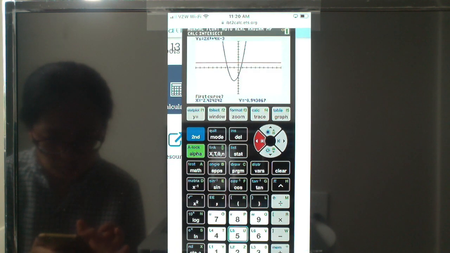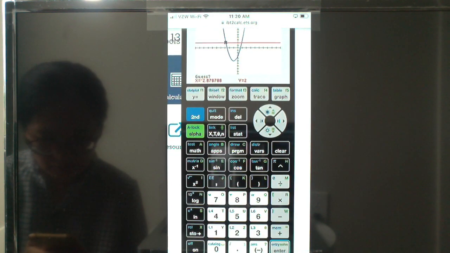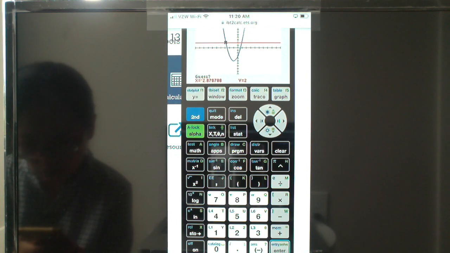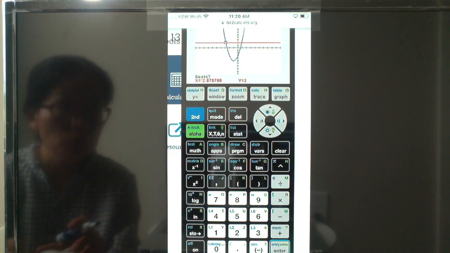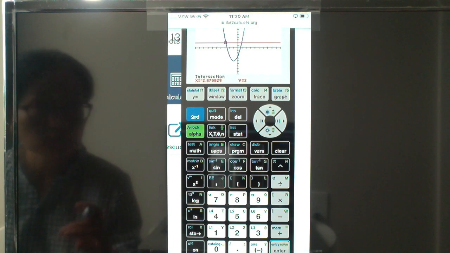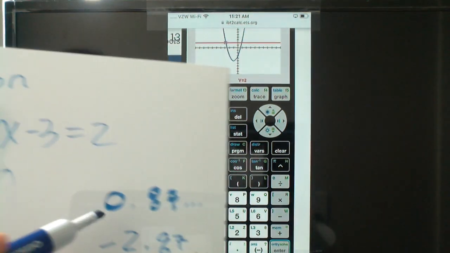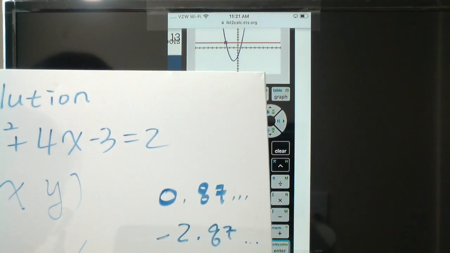And let's go to the other point. Oop, too far, too far. Again. Okay, we are close enough to the other one. Enter. It says negative 2.878788, but I'll just make it shorter. So you can choose 2 point, say 0.87 or negative 2.87.